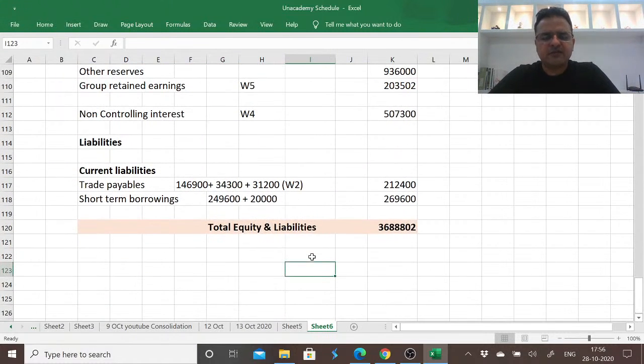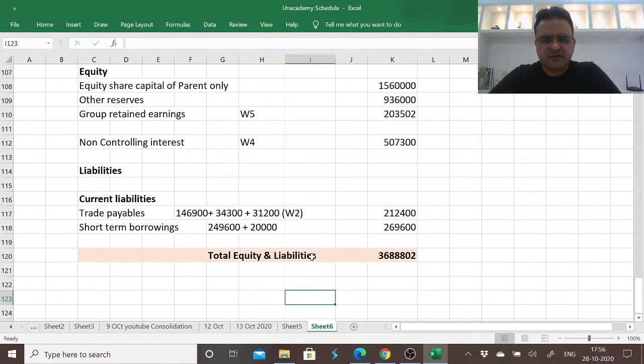So we have been successful in preparing consolidated financial statements.